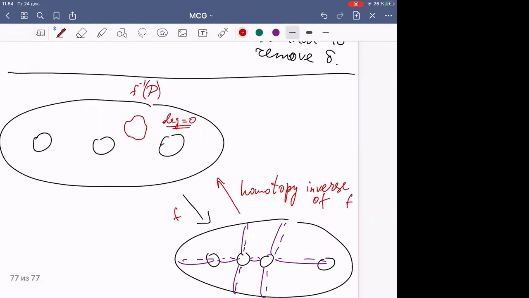So this curve actually is homotopically trivial, which means that it bounds a disk. Among all such curves, if they exist, we can choose the innermost, and let us get rid of it.